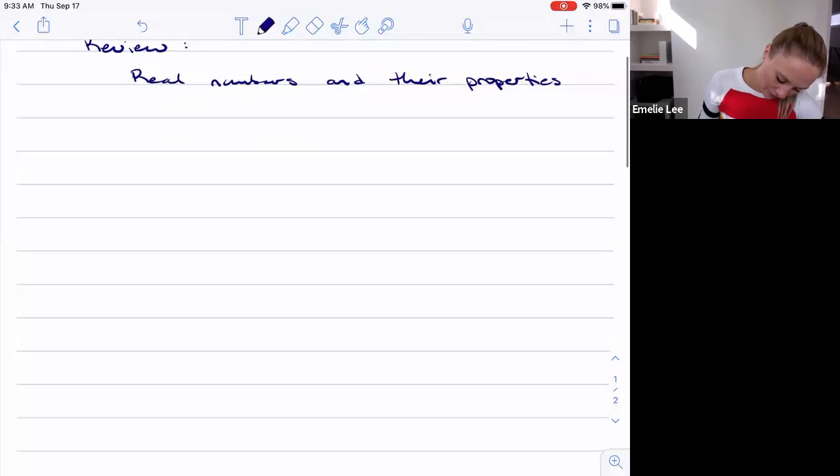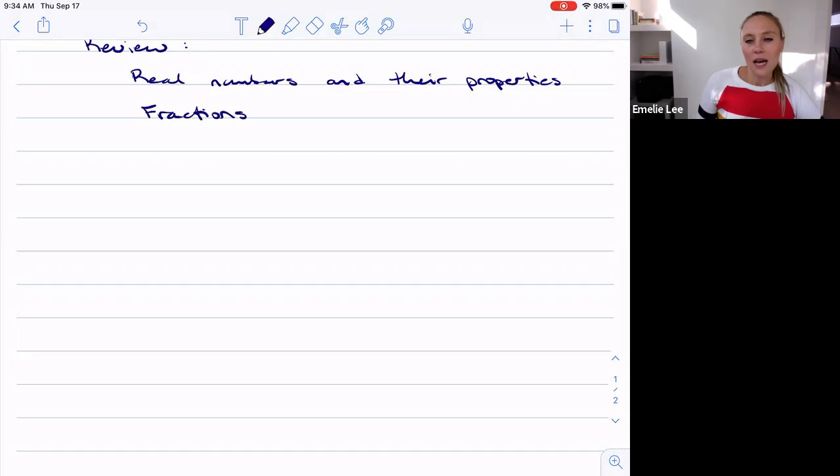We talked about fractions and the rules around fractions. Adding and subtracting fractions, we have to have that common denominator. If we're multiplying, then we can just multiply across, and we'll deal with some more fractions today.